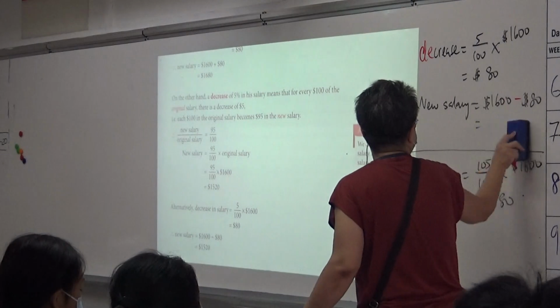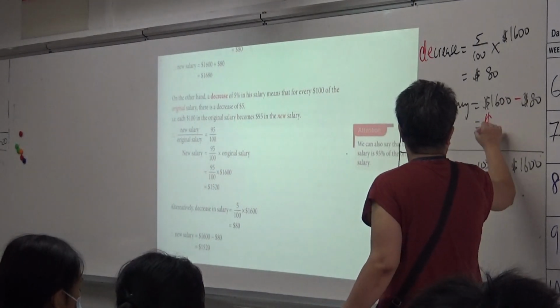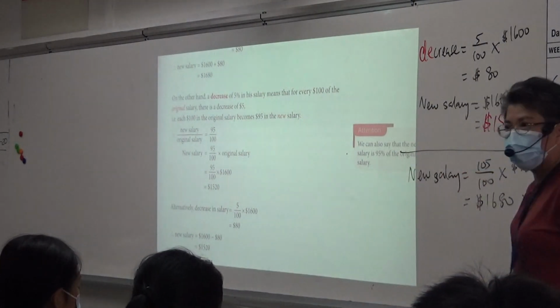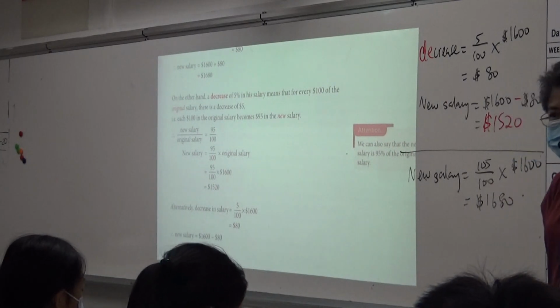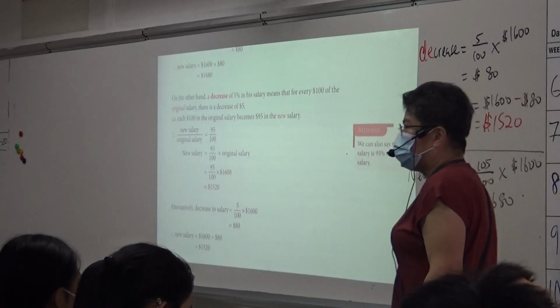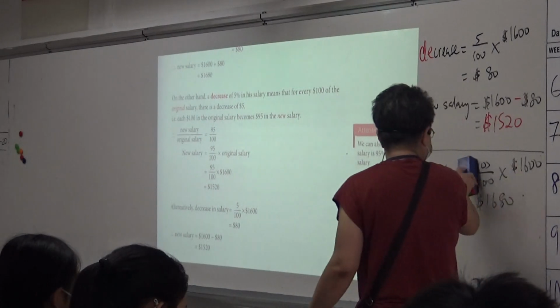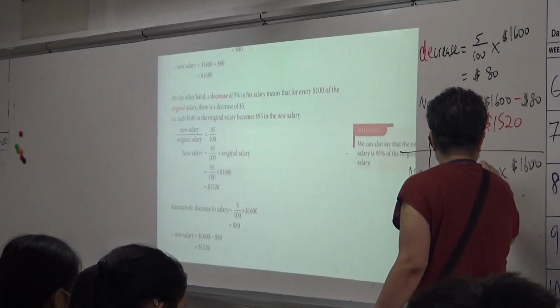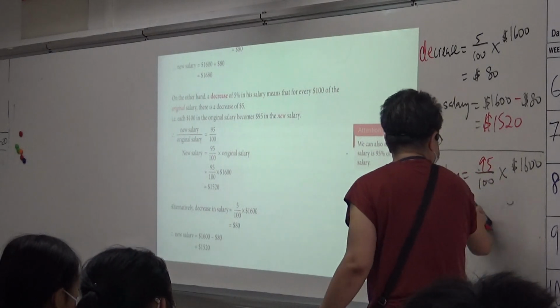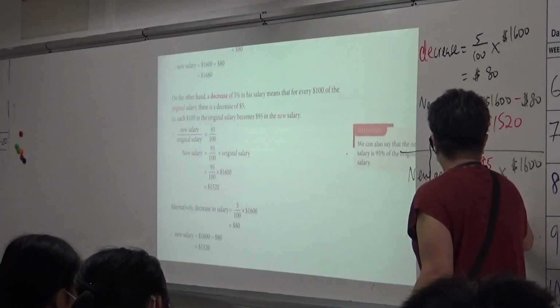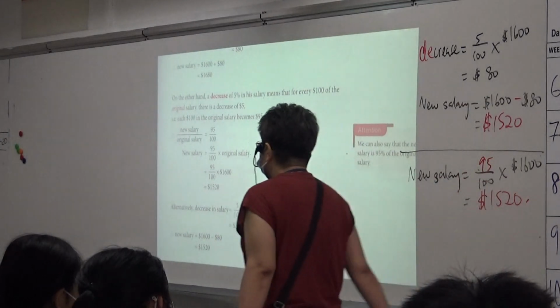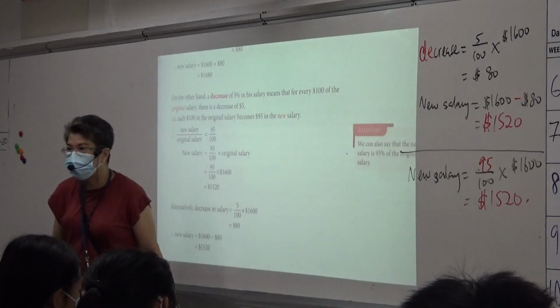So how much will this be? 1520. Can you see? It's very simple, right? But if there's a decrease of 5%, how many percent will it be? 95. So this one will change to 95%, and I will still get a 1520. Are you all clear?